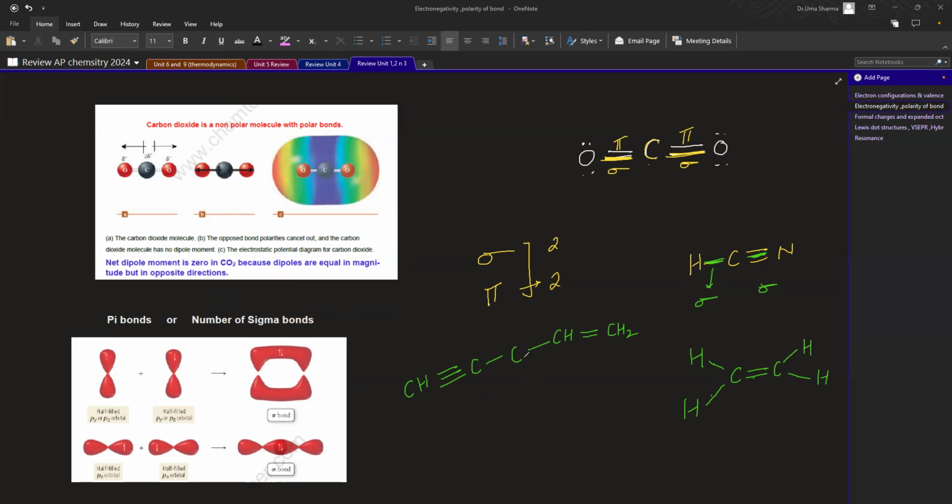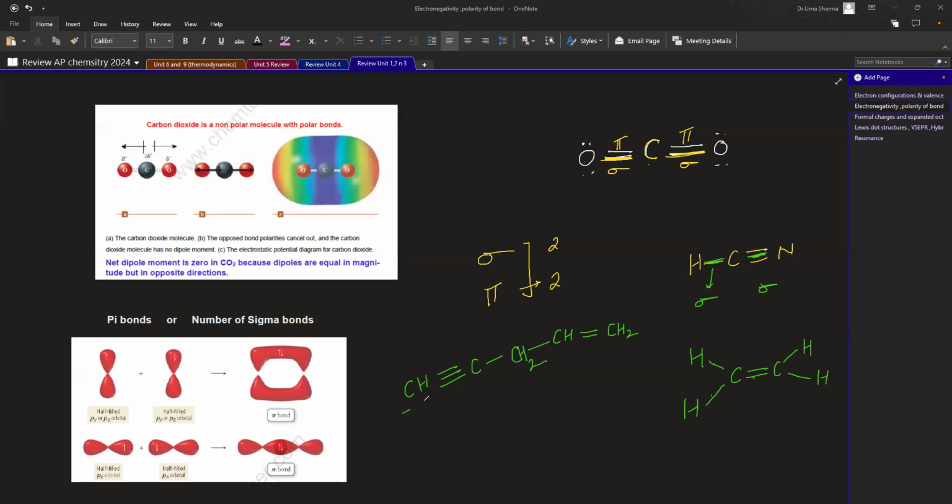One second. So you make the expanded form. Carbon has how many valence electrons? The periodic table is there next to you. Carbon has 4 valence electrons, so maximum carbon can make 4 bonds.